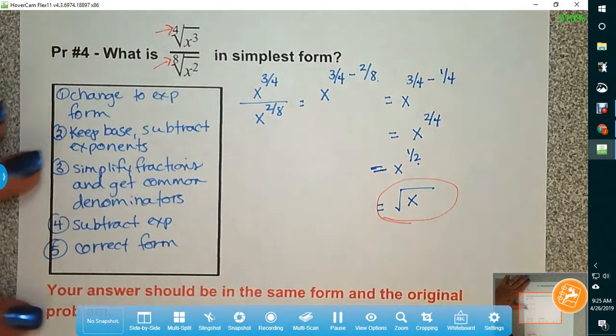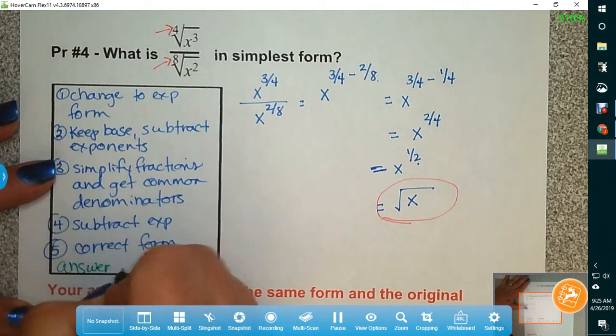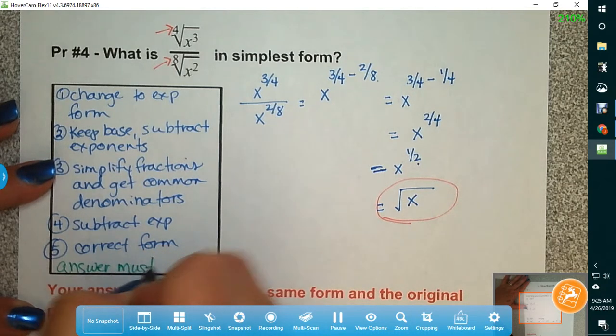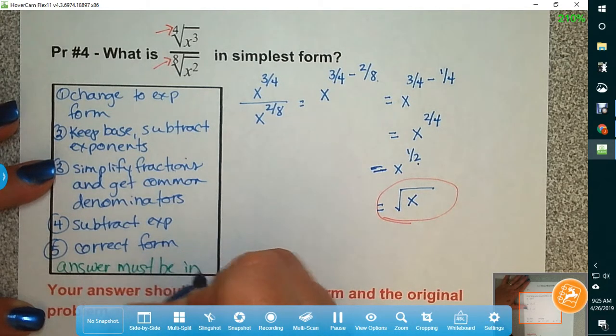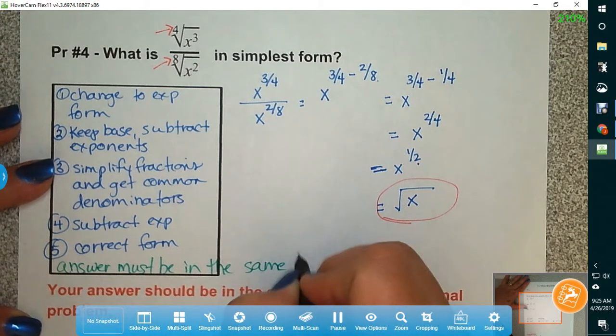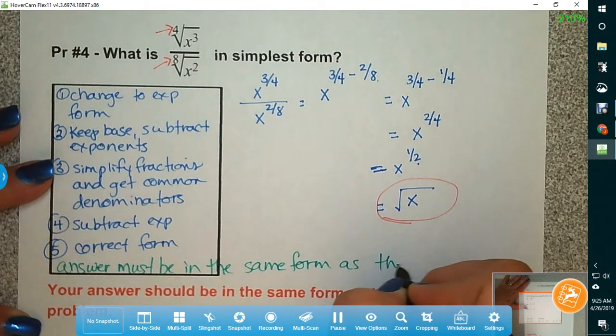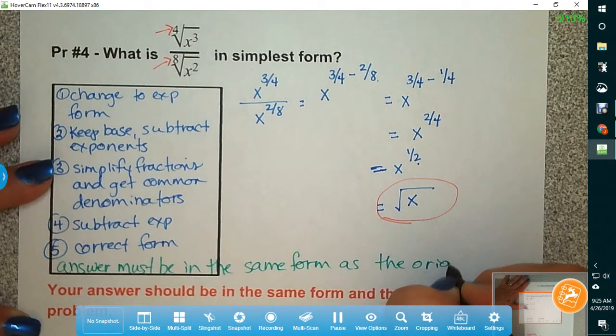And for the correct form, the answer must be in the same form as the original problem.